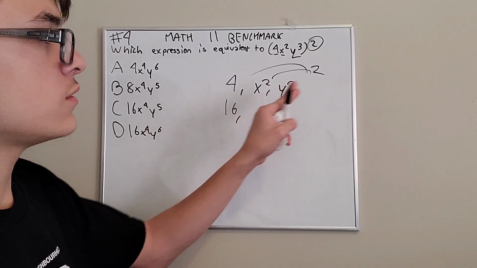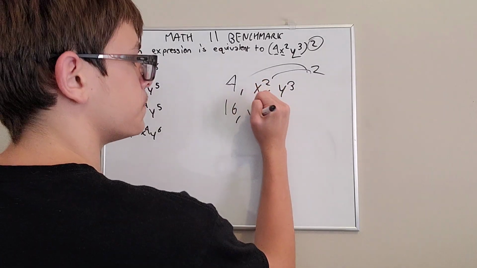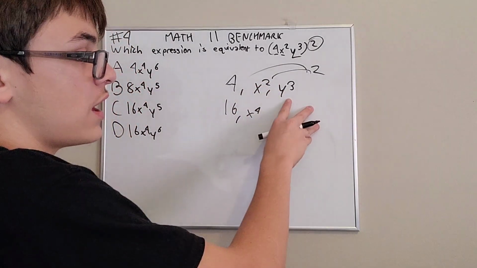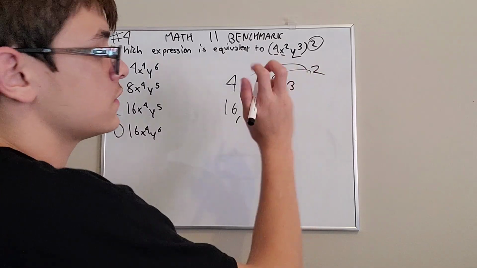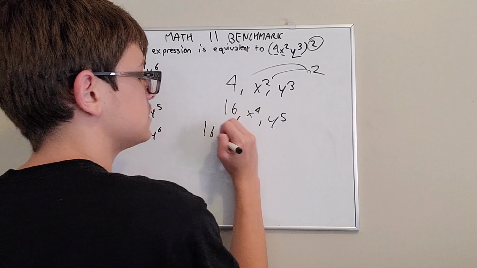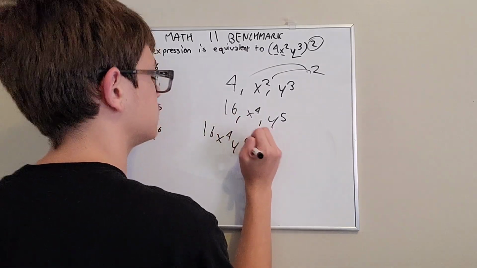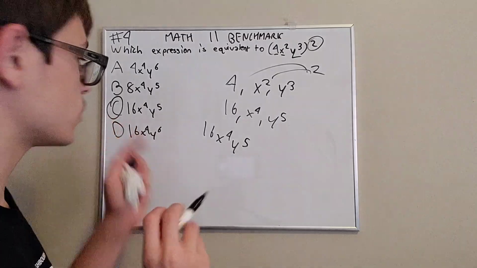So x squared squared is going to be x to the 4th. And then y to the 3rd, or y cubed squared, is going to be y to the 6th. So putting this all together, we get 16 x to the 4th, y to the 6th, which is our C. So the answer to this question is going to be C.